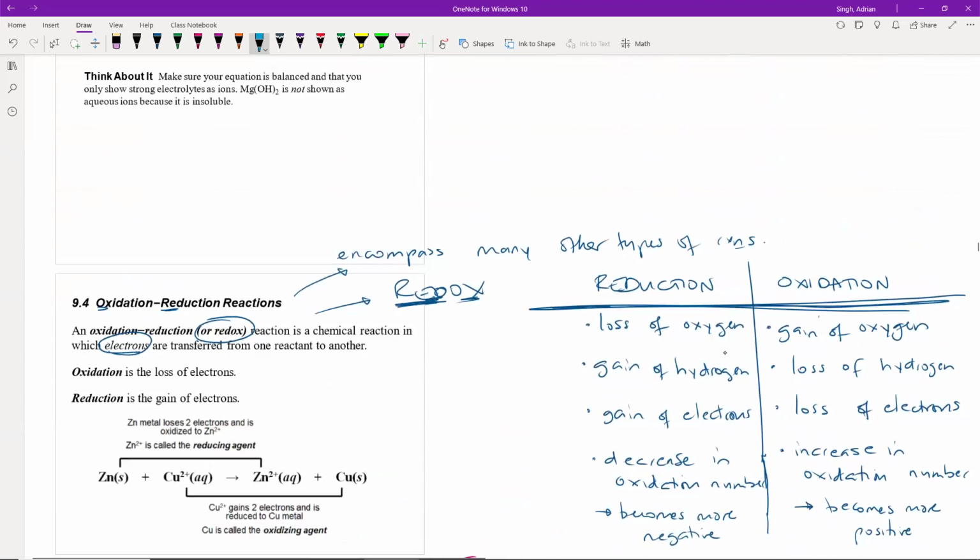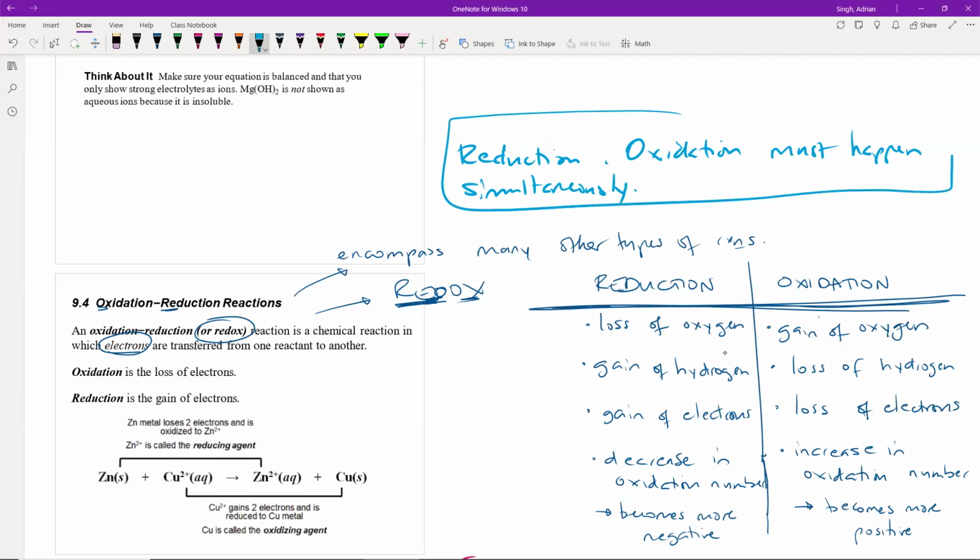And the other thing to keep in mind, which is very important, is that reduction and oxidation must happen simultaneously. So what that means is if something is undergoing oxidation, something else has to undergo reduction, because if something is losing oxygen, something else has to take that oxygen.